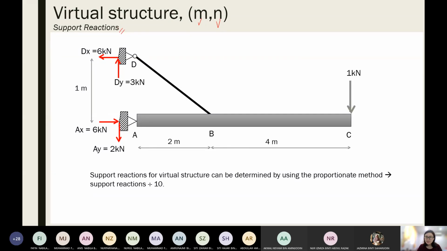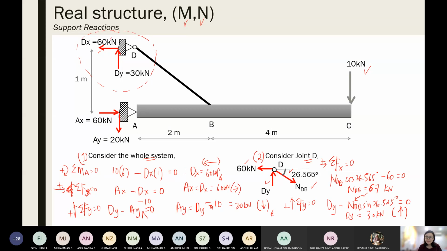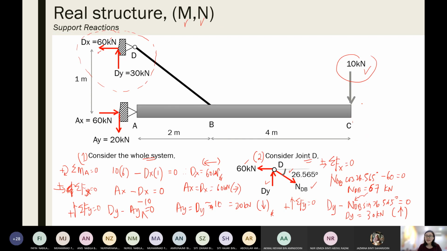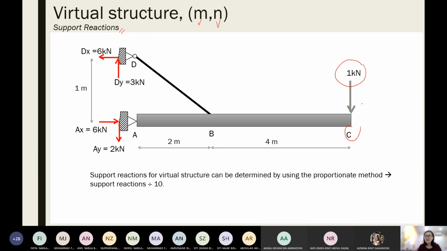Now if you look at this system, the real structure has 10 kilonewton acting at C, and the virtual structure has 1 kilonewton acting at C. So when this load is acting at the same location, and all the geometry and support conditions are the same, you can just use the proportionate method. So this 10 kilonewton becomes 1, so everything is just divided by 10.